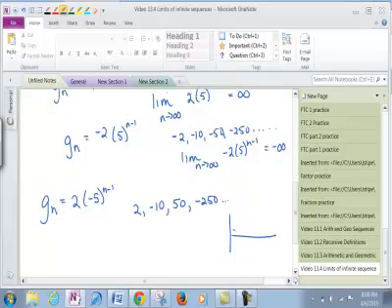We go to 2, and then -10, and then +50, and then -250, and what we can see visually is that these terms are bouncing back and forth. They aren't approaching any value, and so this time we say the limit as n goes to infinity of 2 times -5 to the n minus 1, we say the limit does not exist.